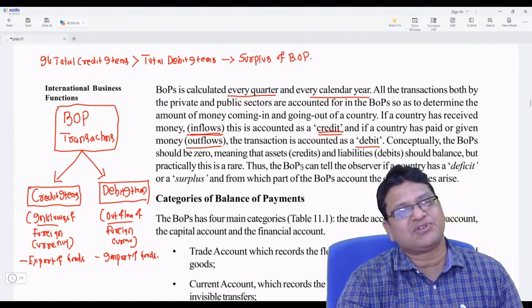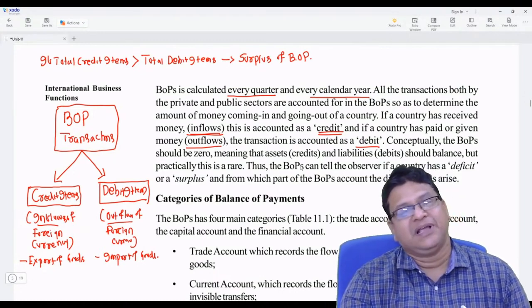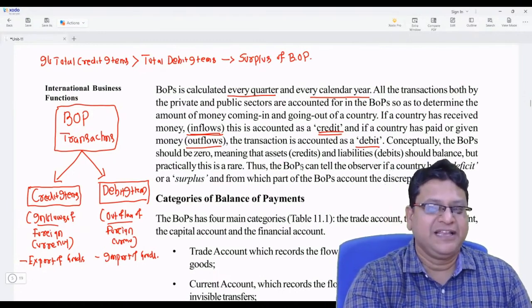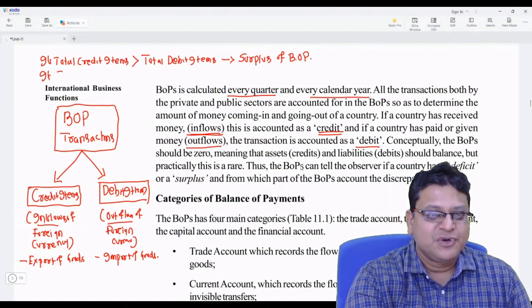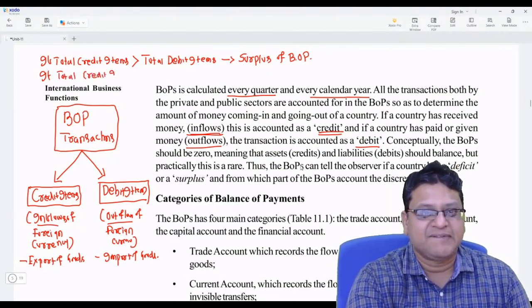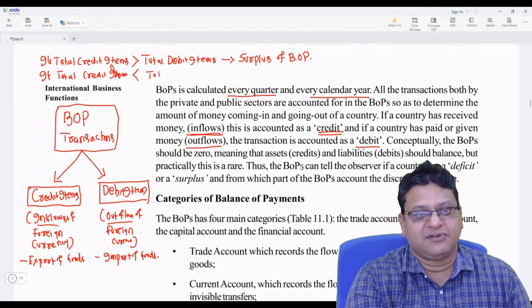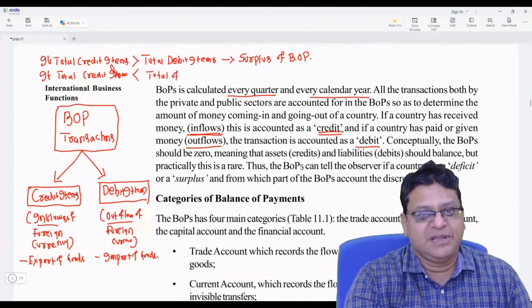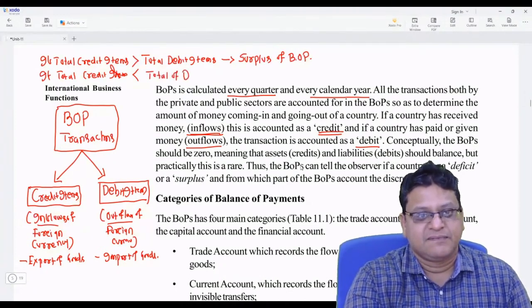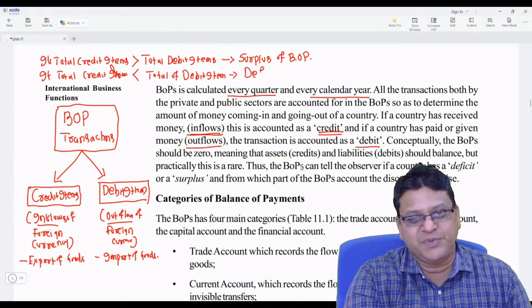BOP surplus occurs when credit items are more than debit items. Vice versa, in the opposite case, if the total of credit items is less than the total of debit items, it results in a deficit of BOP.